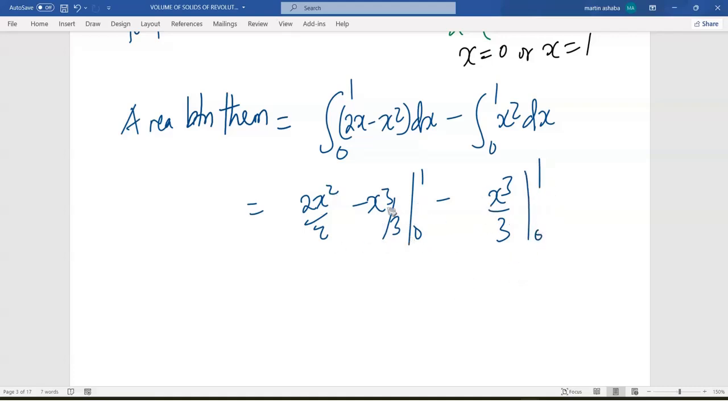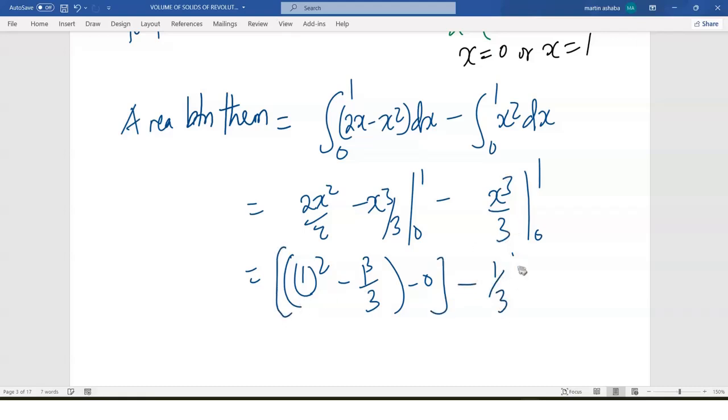Obviously, the 2x is going to become x squared. So I'll put in 1, I'll have 1 squared minus 1 cubed over 3, then minus 0 because the whole of these terms are 0, then minus 1 over 3.